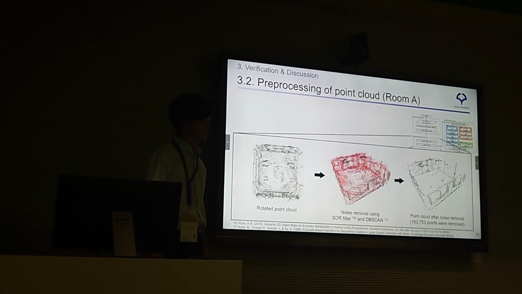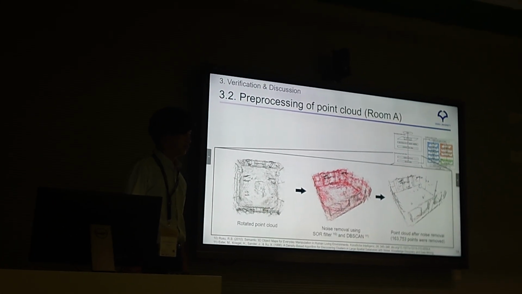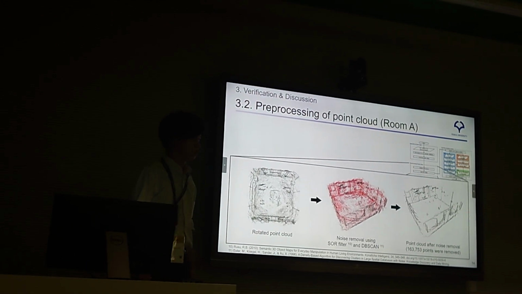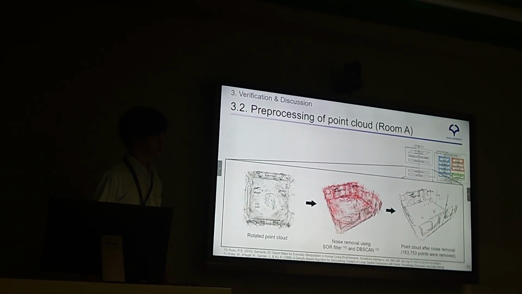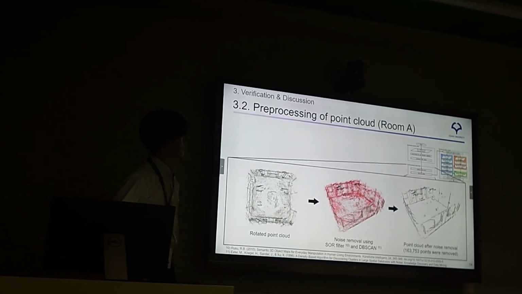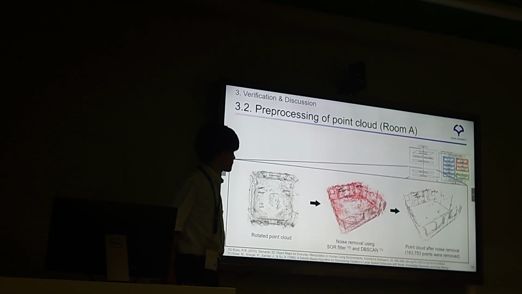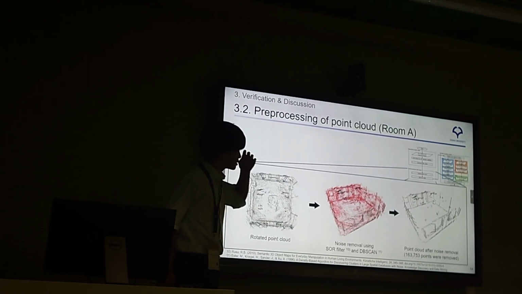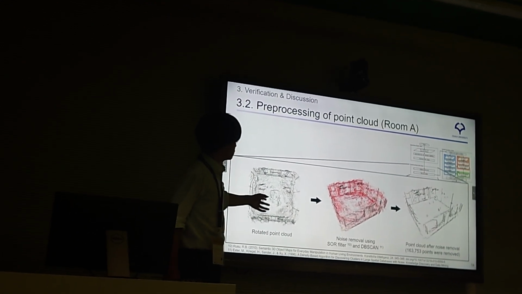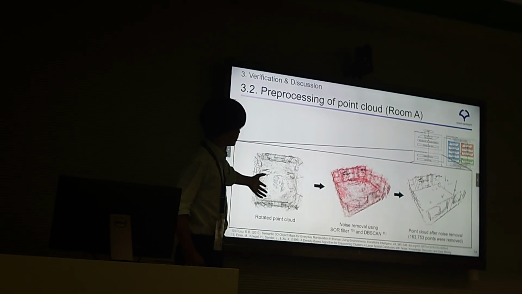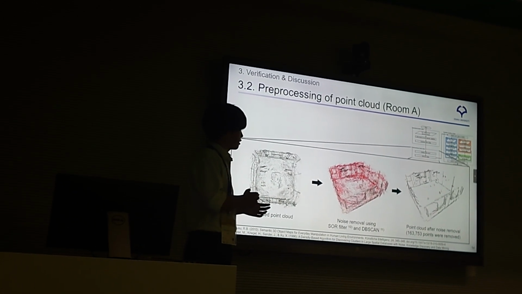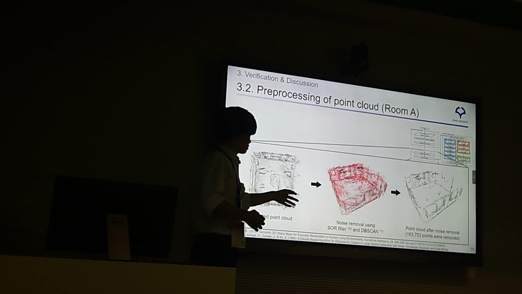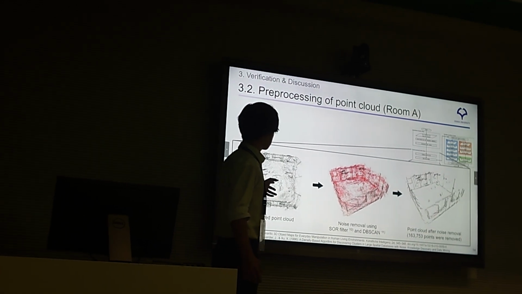Was it possible to get more points, or was that the maximum amount of points you can get from Gaussian splatting? The maximum you can get. Yeah. But the Gaussian splatting is very noisy.